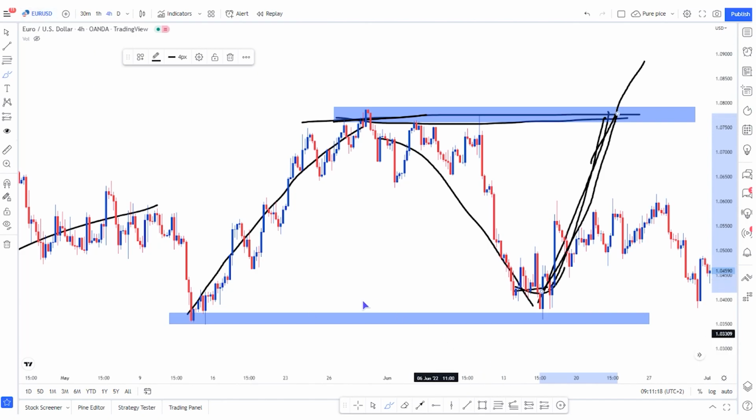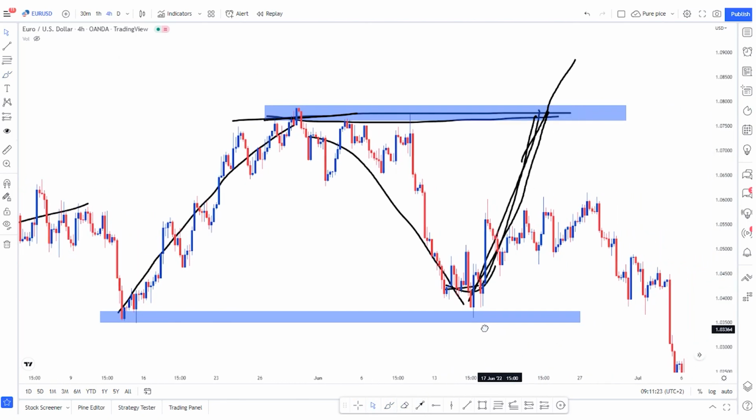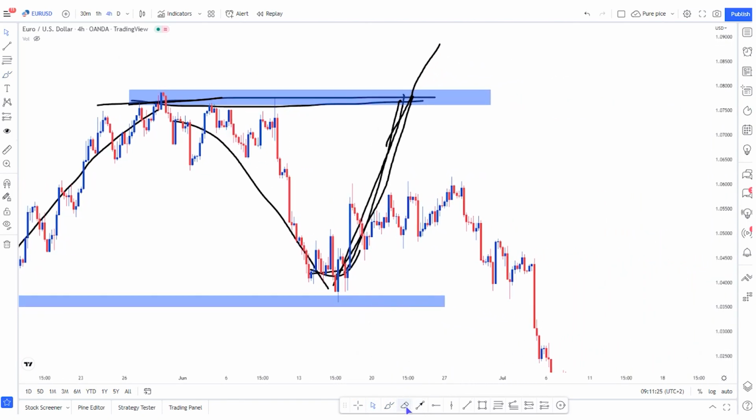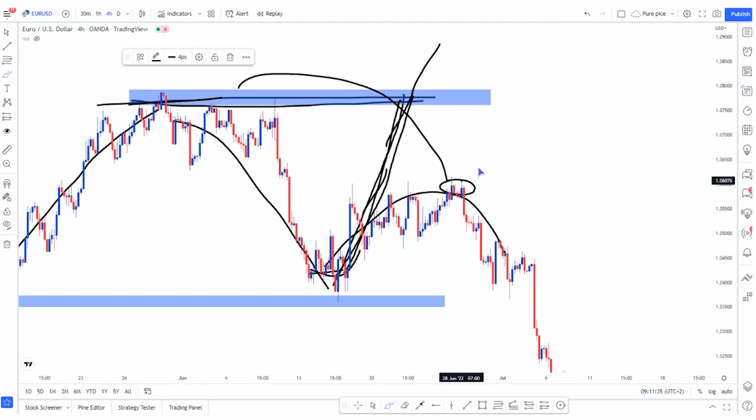For example, let me show you more. Where is my cursor? So here we are. If I move further, you can see what happened here. The market moved up, and then it started going down. It didn't give you a high which is higher than the previous one, or at least at the same level as that previous one. So this simply means that you as a trader, by looking at this as a buying opportunity, were not correct.